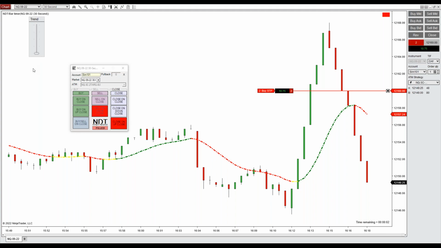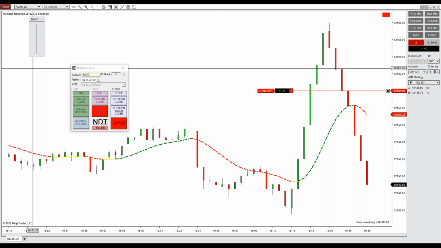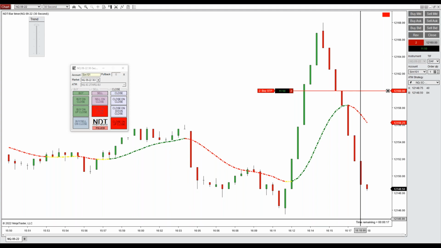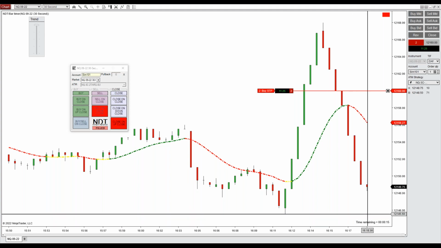Let's let this candle close to the downside. And now we're going to move price to the upside. Now this candle should close to the upside, and you're going to see as soon as it closes, the trade is going to end.